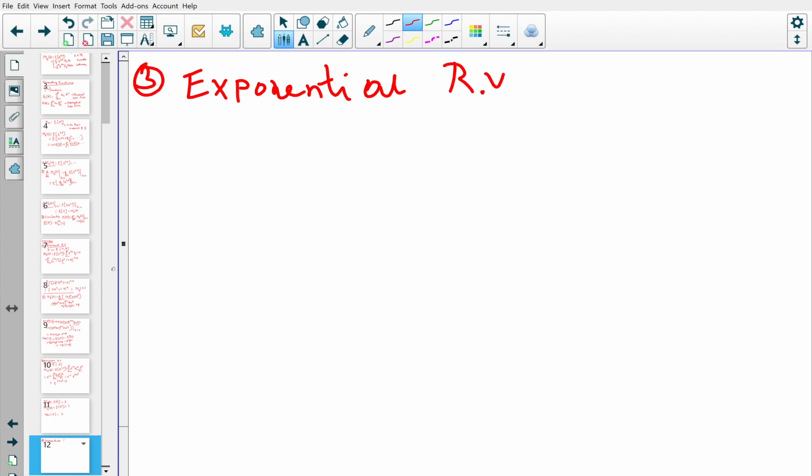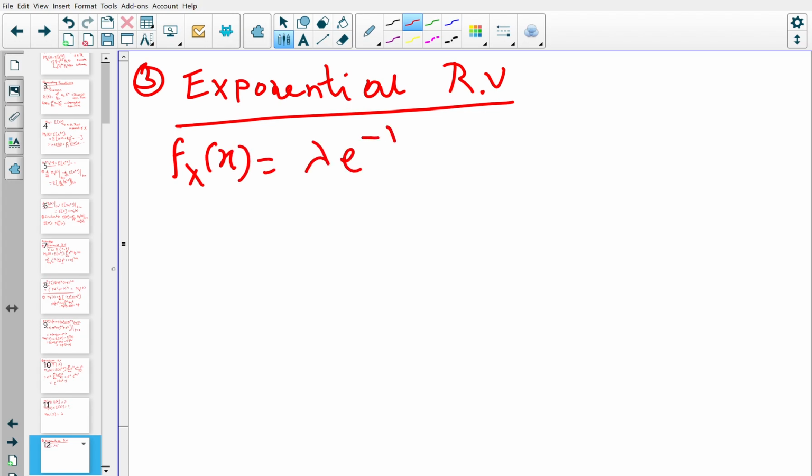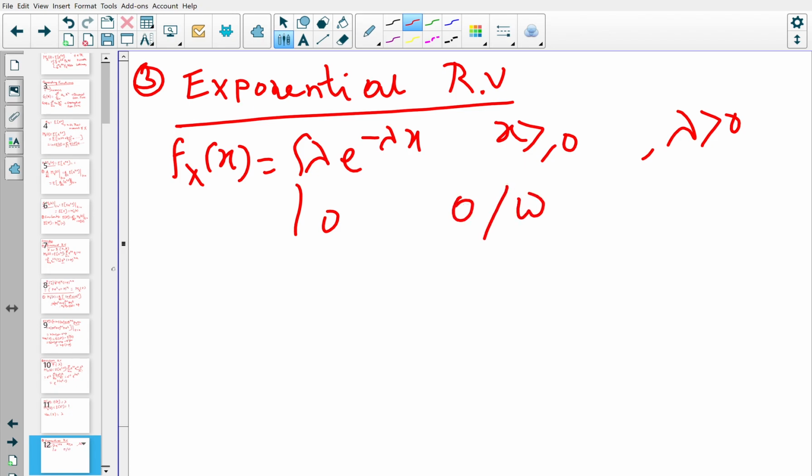Suppose, now you remember that the PDF of the exponential random variable with parameter lambda was of this form, lambda e power minus lambda x whenever x is greater than or equal to 0, and I already assumed that lambda is greater than 0, otherwise 0.